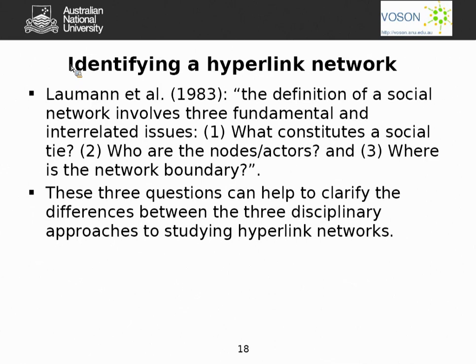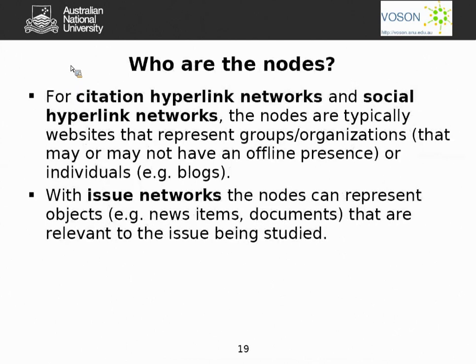And these three questions, I think, are very useful for helping us to further elucidate the differences between citation hyperlink networks, social hyperlink networks, and issue networks. Firstly, who are the nodes? Well, in a citation hyperlink network and a social hyperlink network, the nodes are typically going to represent websites or represent organisations or groups.